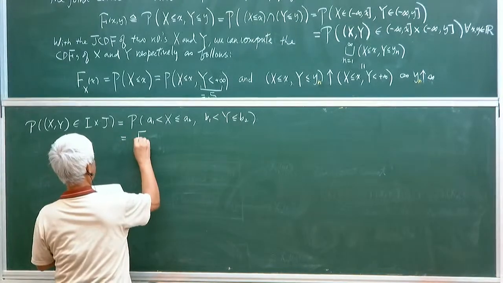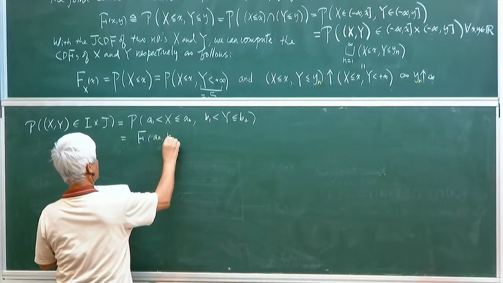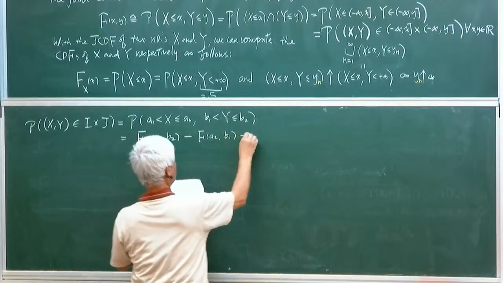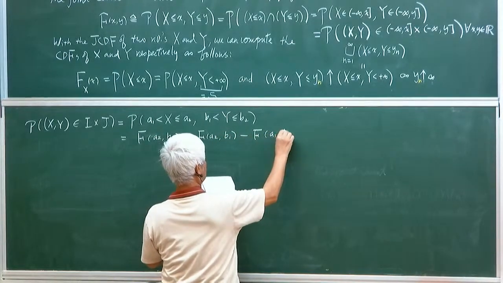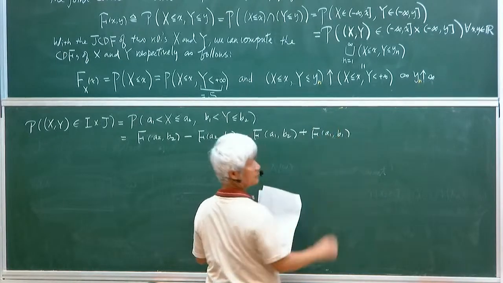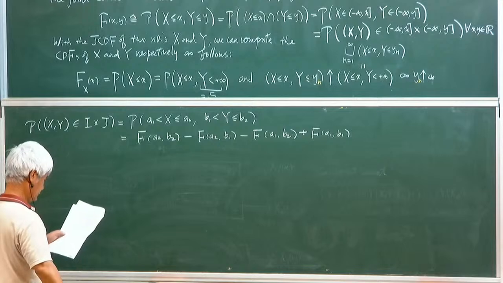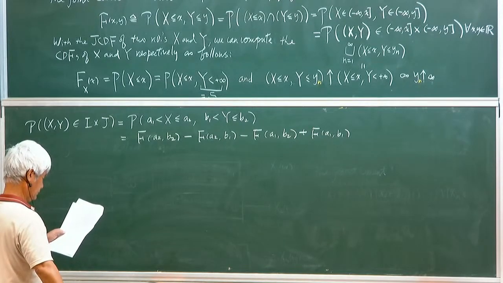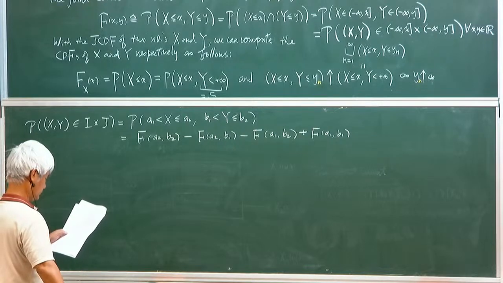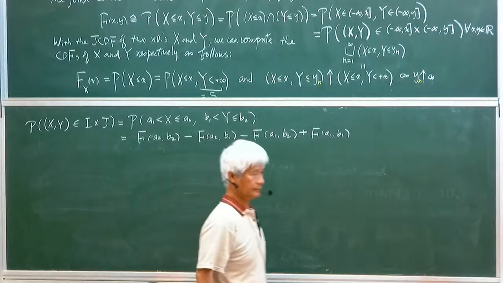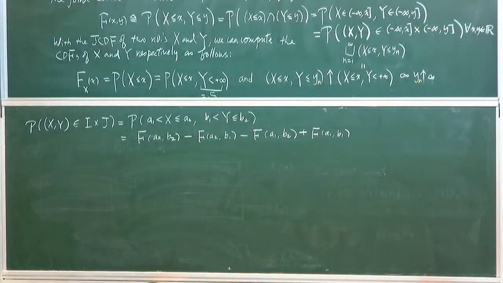And this is equal to F of A2, B2 minus F of A2, B1 minus F of A1, B2 plus F of A1, B1. Okay, so you can see, yeah.